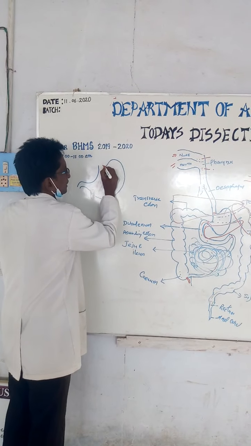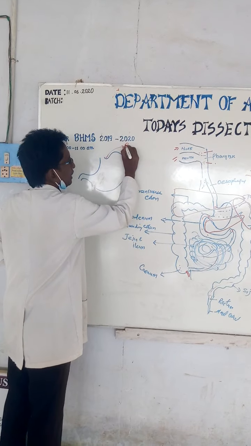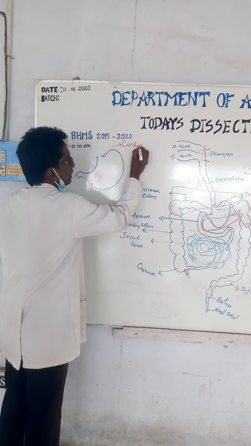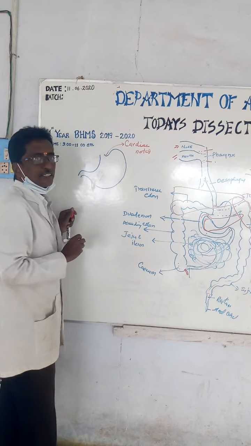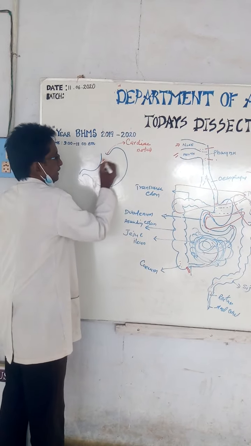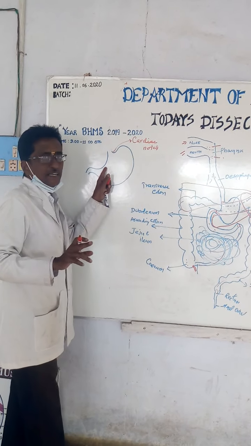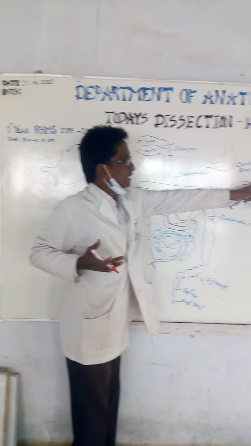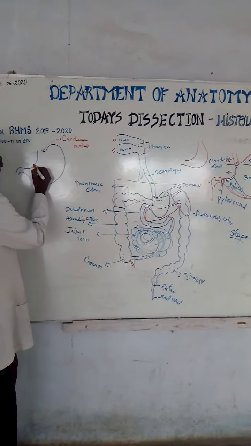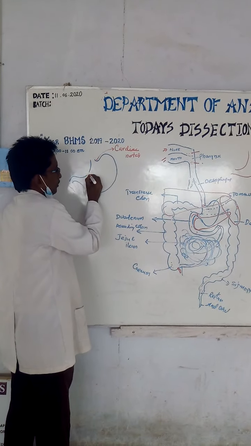This gap in the curvature is called the cardiac notch. In the lesser curvature, which I already told is the right border, just below the middle, there is a small depression.